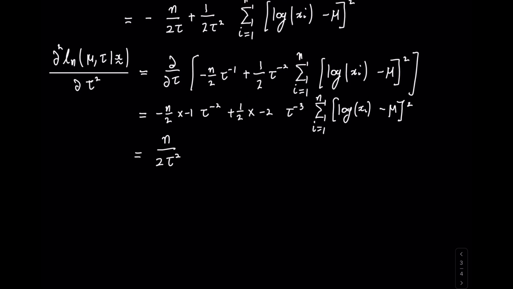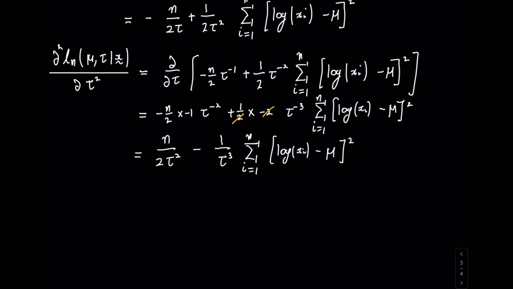And then here we note that the 2 and the 2 will cancel out, so we're just left with minus 1 on tau cubed, sum i equals 1 to n of (log xi minus mu) all squared. And there we have it. We've done our differentiation with respect to tau.